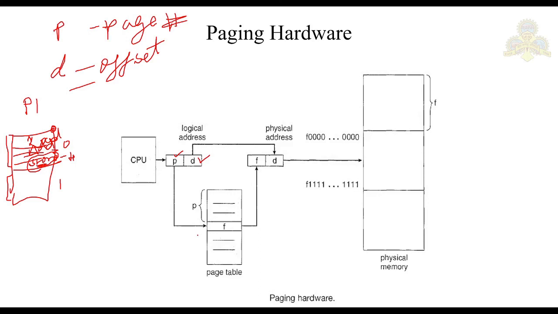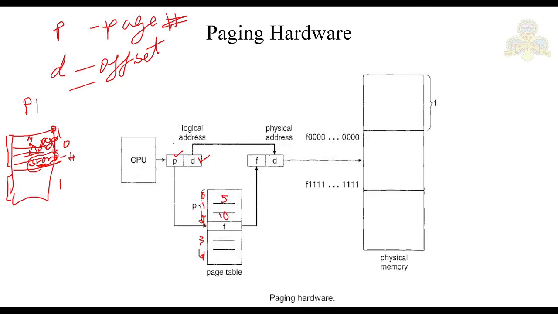Now what does your page table contain? It contains page numbers as the index, and it contains frame numbers, like frame number 5, 10, something like this.